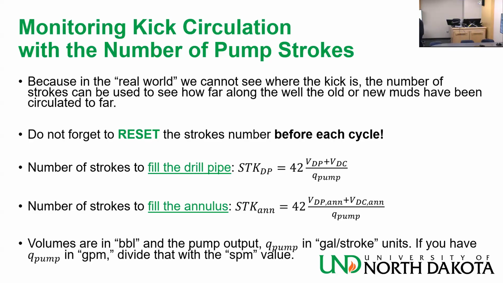So you have gallons per minute, and you divide by strokes per minute, so the gallons cancel out, and you have just strokes.